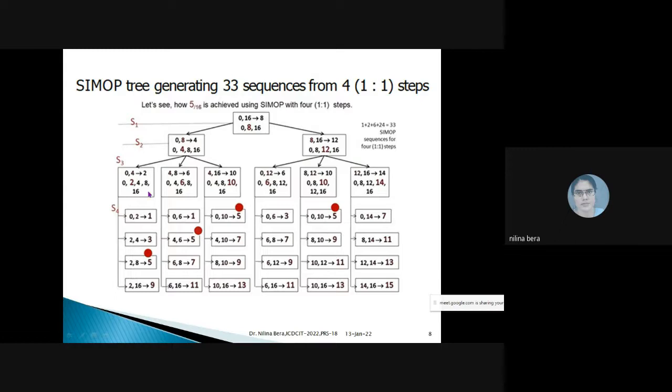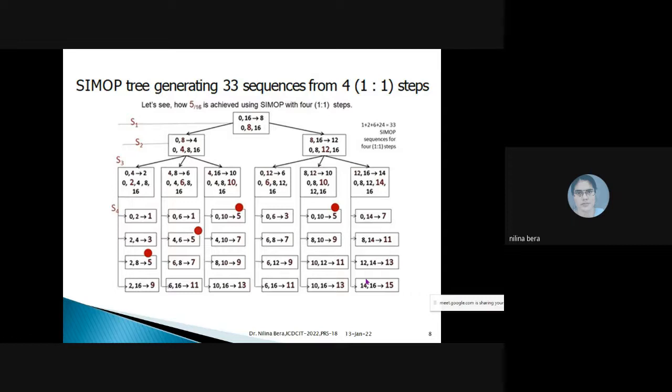Now in step 4 I am getting a lot of C intermediates. That means 0, that is the original buffer, then my sample, and in between the newly created 2, and then the existing C intermediates 4 and 8. So I am getting 4 nodes over here. Altogether I am getting a lot of leaf nodes. So that is my entire CMOP tree, and I am getting all possible combinations of my 1:1 balanced dilutions.